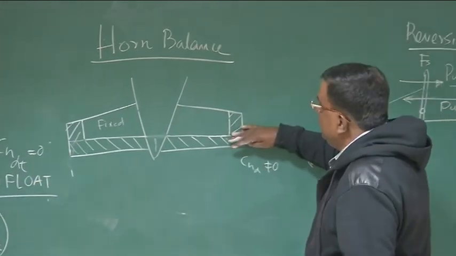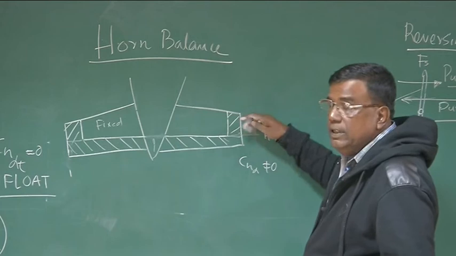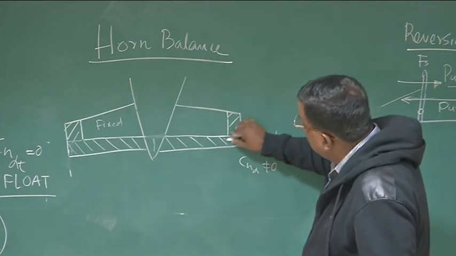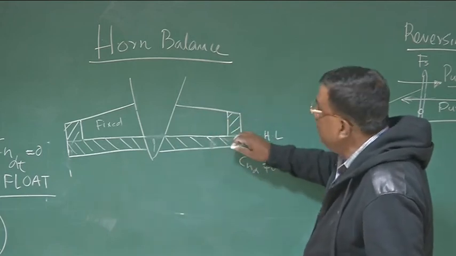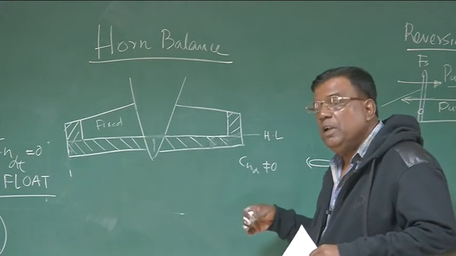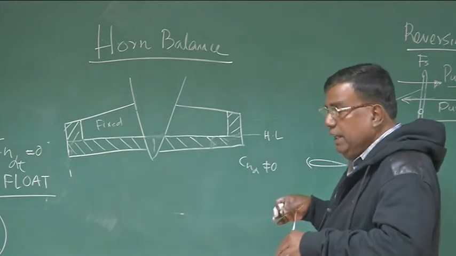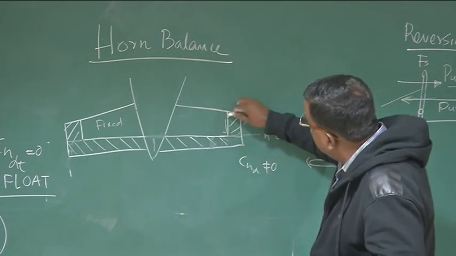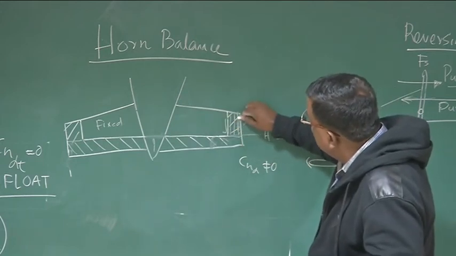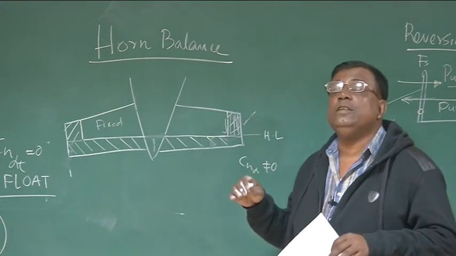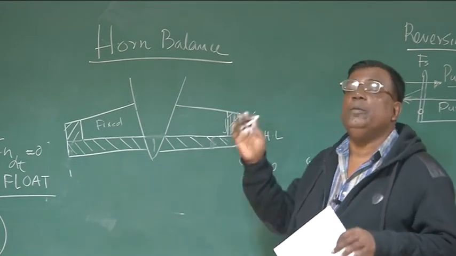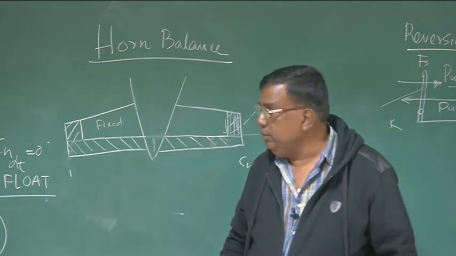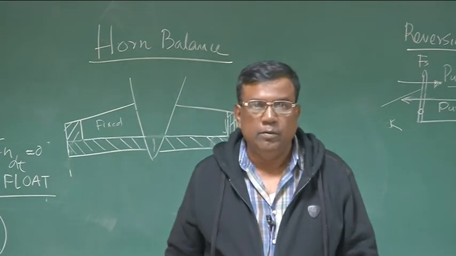As this portion sees an alpha T, please note down, for a positive alpha T it will try to float towards negative, float up. But because of alpha T on this other surface, it will try to discourage it. It will try to take the nose upward. I'll explain what it is.